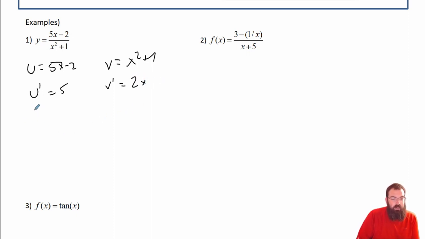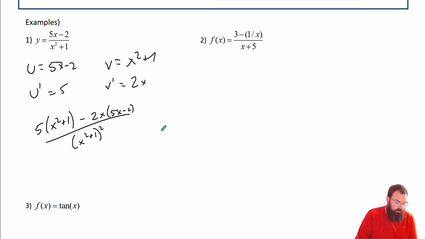And so then we do u prime times the bottom, x squared plus 1, minus the top, 5x minus 2, times the bottom derivative, 2x, over the bottom squared. It's x squared plus 1 squared again.